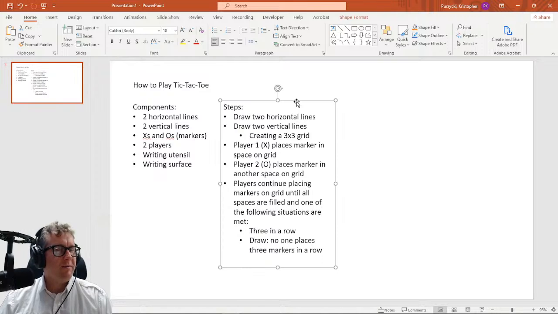The key is when people start to actually play together or collaborate and start to unpack a lot of these steps. All right, so we've got 2 horizontal lines, 2 vertical lines. That's great.